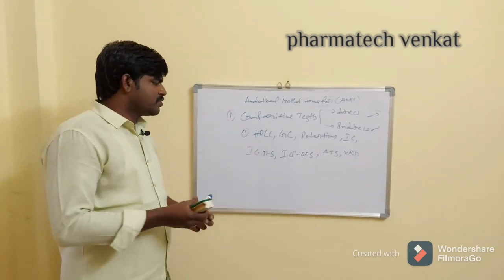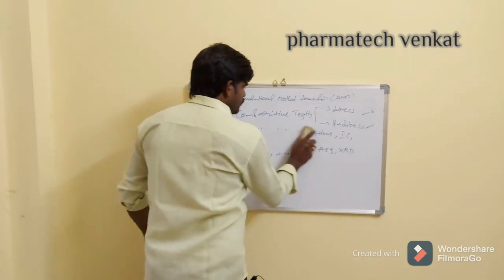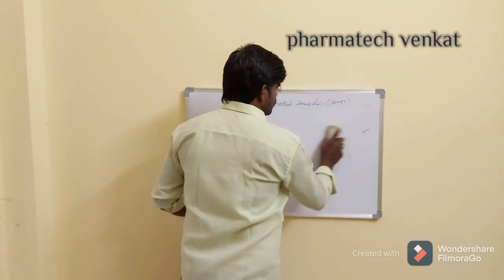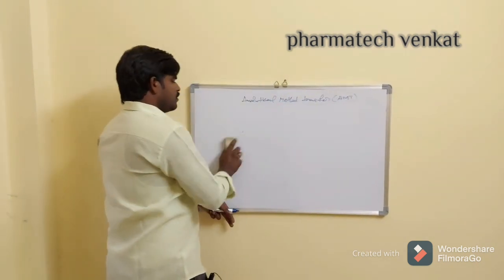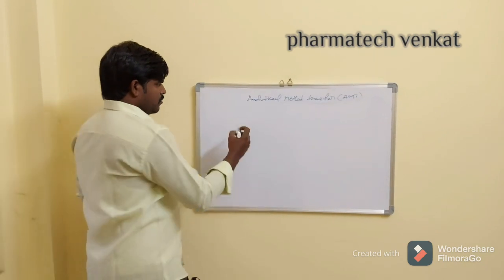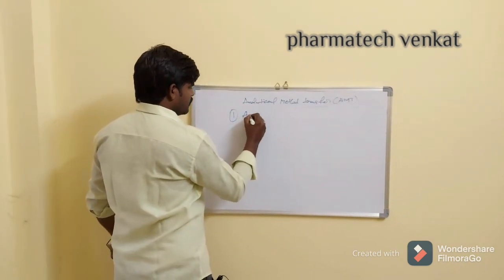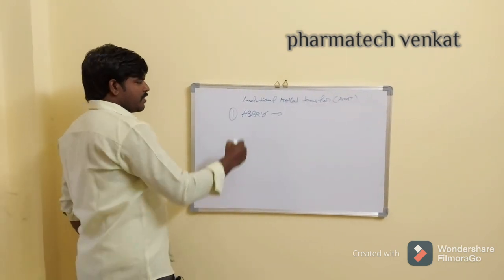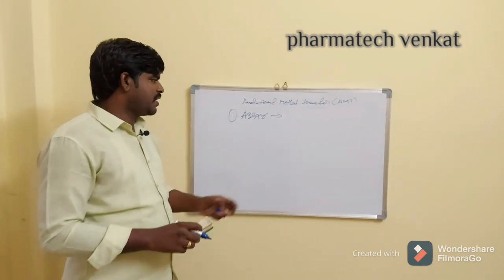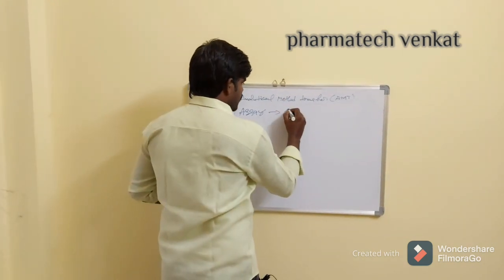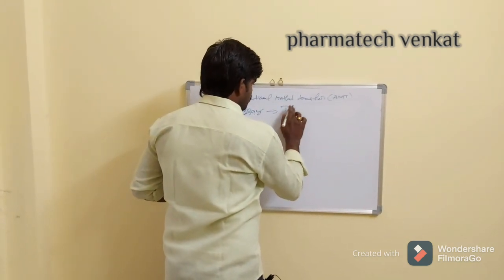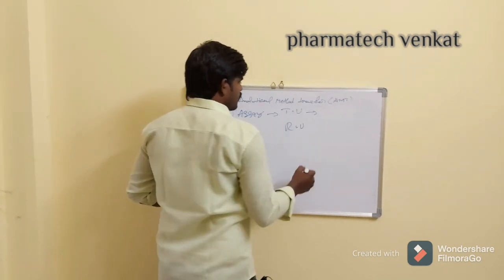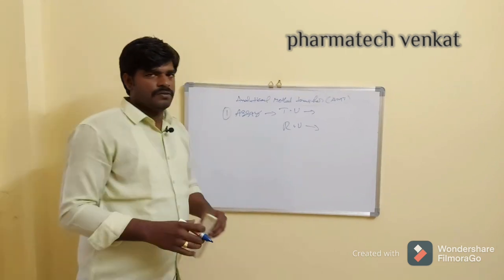Among those tests, for example, I would like to explain HPLC. In HPLC, the first one is the assay method. If you want to perform the assay method in AMT, we need to perform the analysis in both labs, the TU, transferring unit, and the RU, with the same sample.